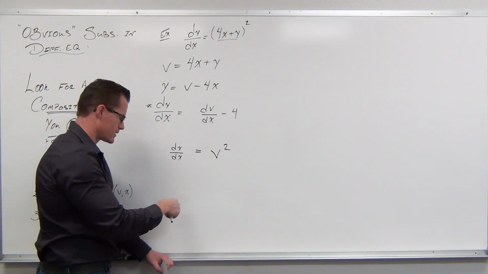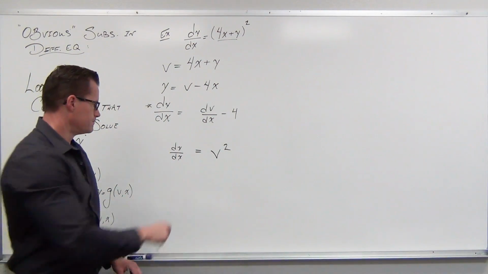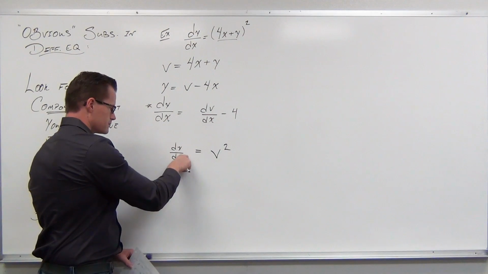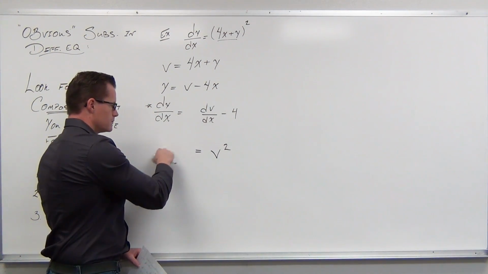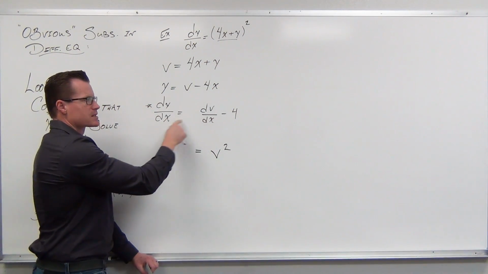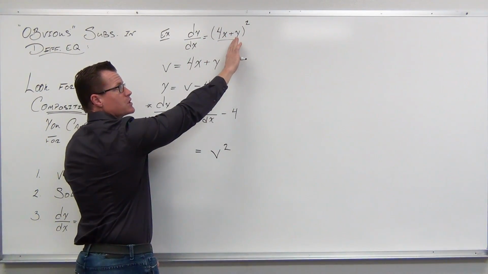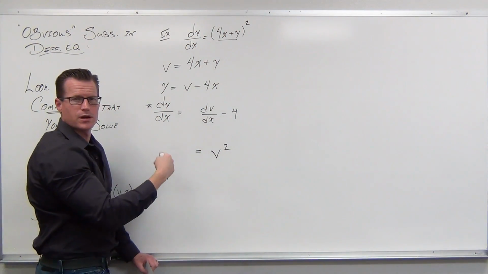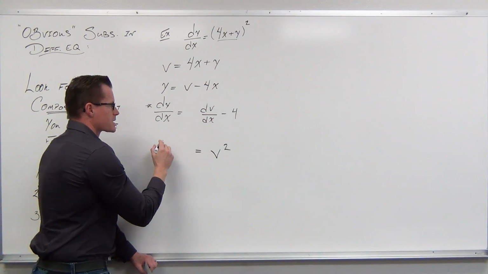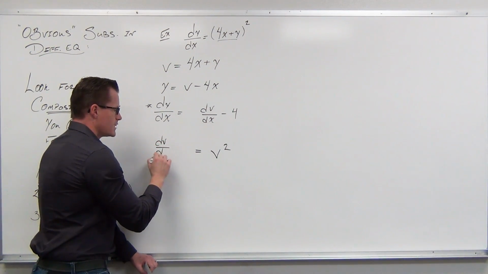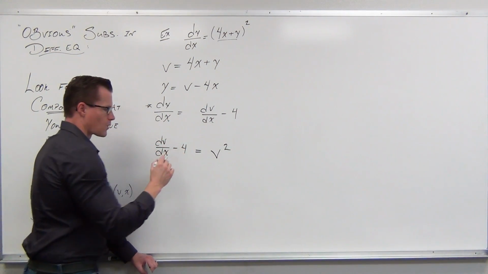I can't solve like that. So instead of dy dx, let's use our second part of the substitution. One substitution for the composition, another substitution for the dy dx. In this case, we had dv dx minus 4.